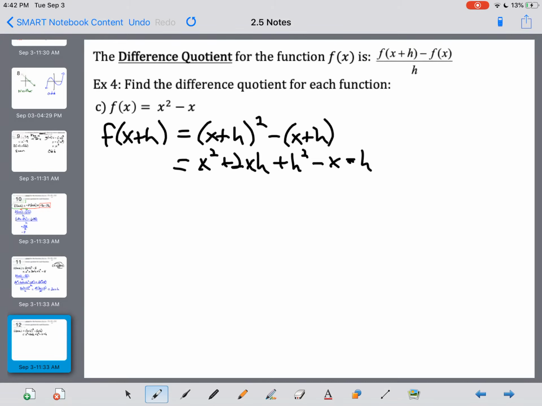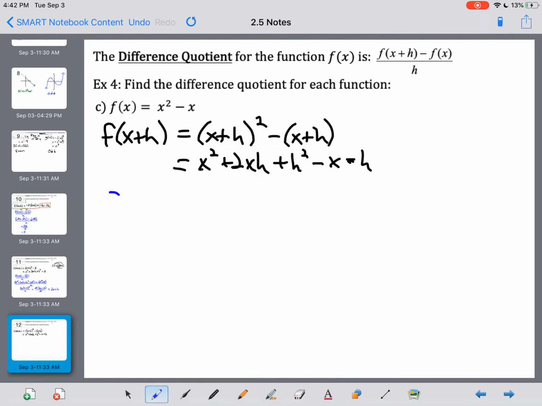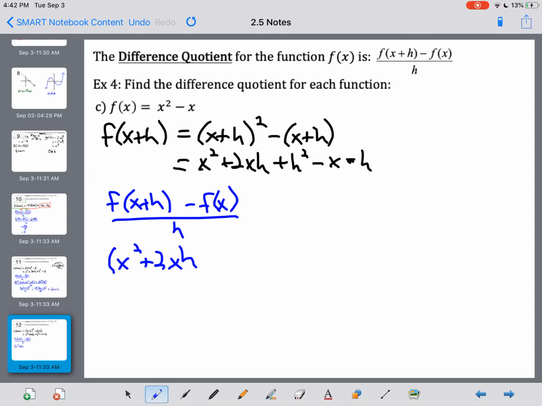So I've got a large expression for f of x plus h. Then I'm going to plug this into my difference quotient. My difference quotient is f of x plus h minus f of x all over h. So my f of x plus h is this whole long thing, x squared plus 2xh plus h squared minus x minus h, minus my f of x, and my f of x is x squared minus x.